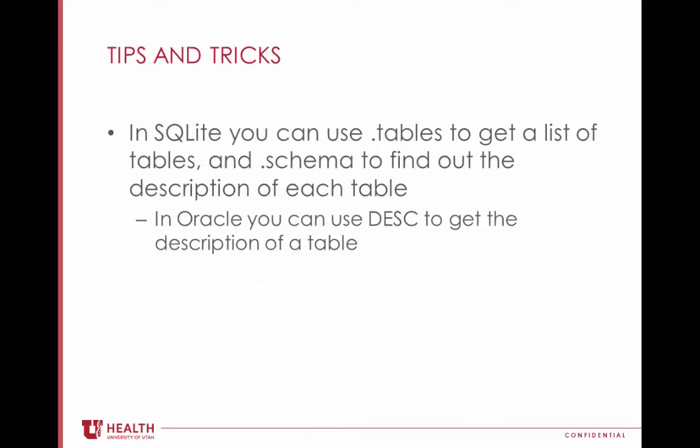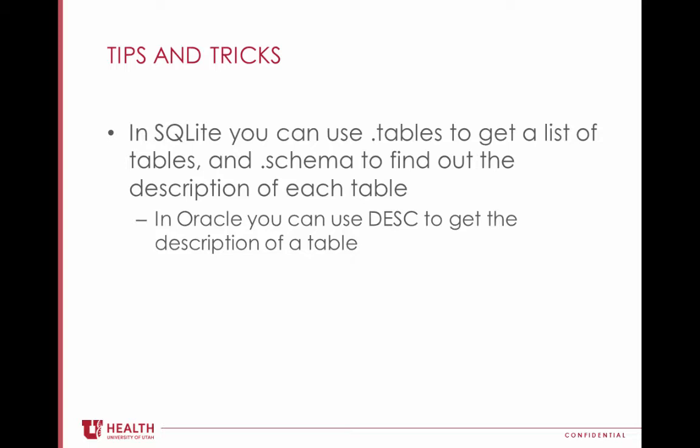So finding out what's in your database, a little trick you can use with SQLite, the database we're going to use in this class. You can go in your terminal window and open SQLite database and type in these dot commands that are shortcuts to certain standard SQL queries.